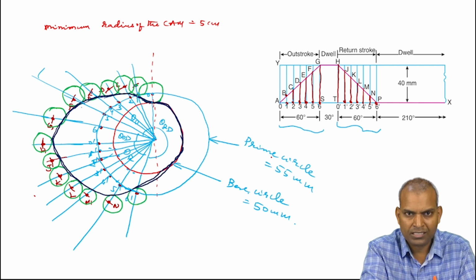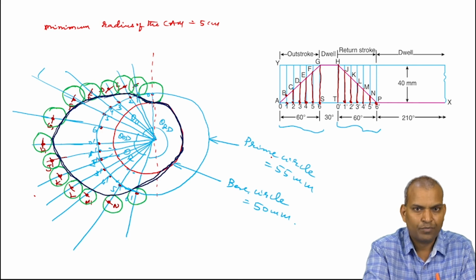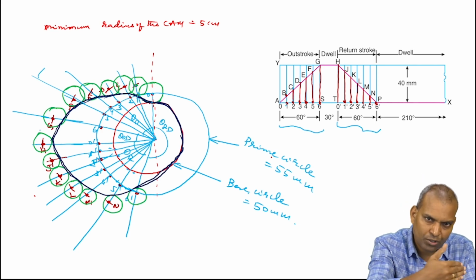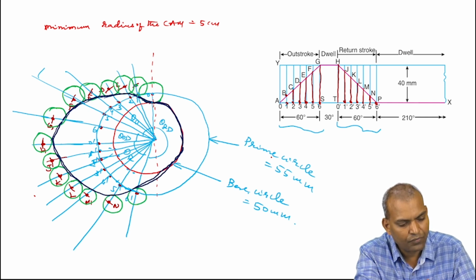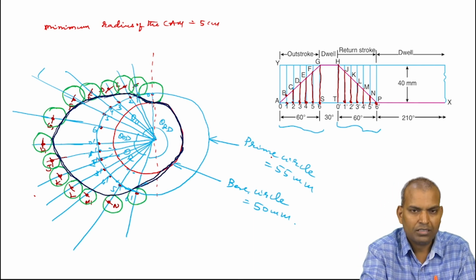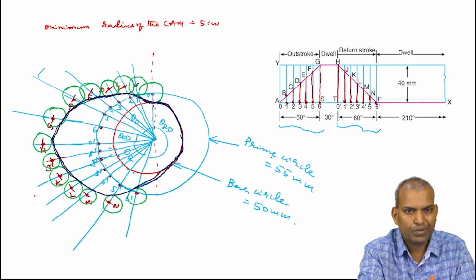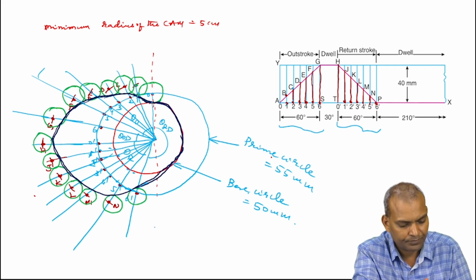So draw the circles, these are the rollers. After drawing the rollers, the contact surface of the cam is the surface of the rollers. So draw a smooth curve by touching the surfaces of all the rollers. That curve indicates the profile of the cam.